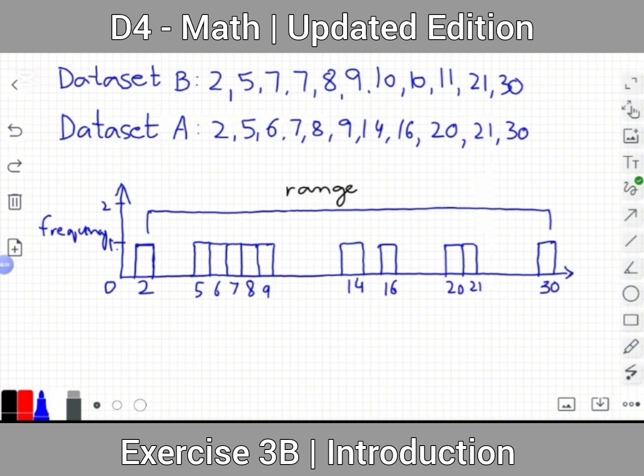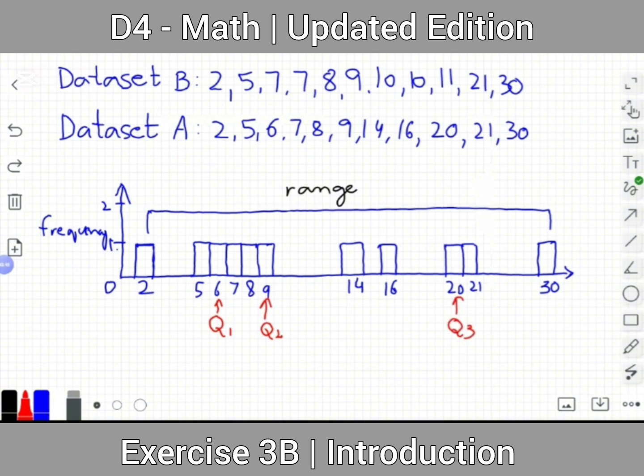And here we have 6 as the lower quartile, 9 is the median, the second quartile, and 20 is the third or the upper quartile.